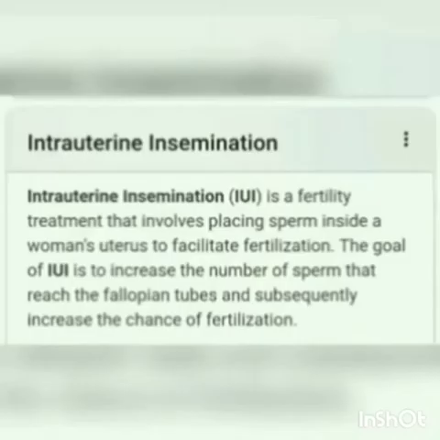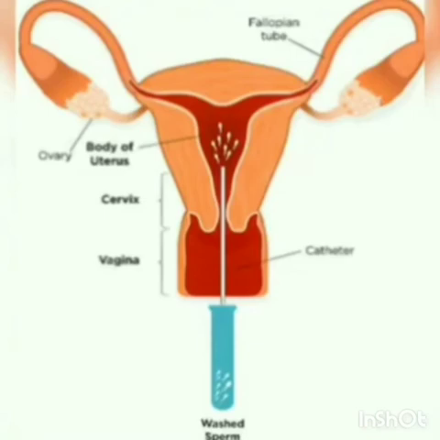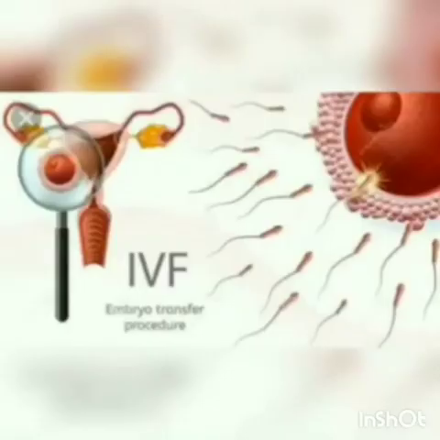After stimulating the ovaries to produce more ova, the sperms swim towards the fallopian tube to fertilize the egg, resulting in normal pregnancy. So this type of ART is the intrauterine insemination. Second one is the IVF. It is also called test tube baby. In this technique, the sperms and eggs are allowed to unite outside the body in a laboratory.